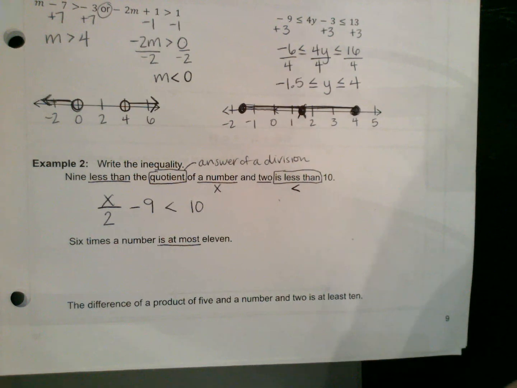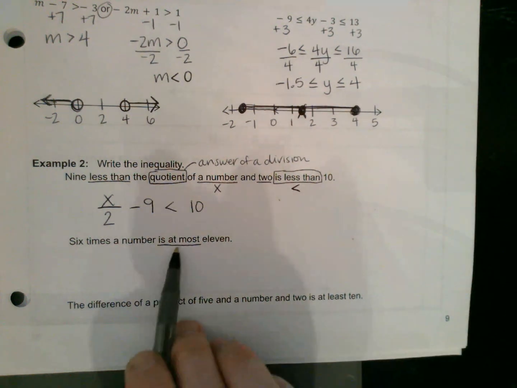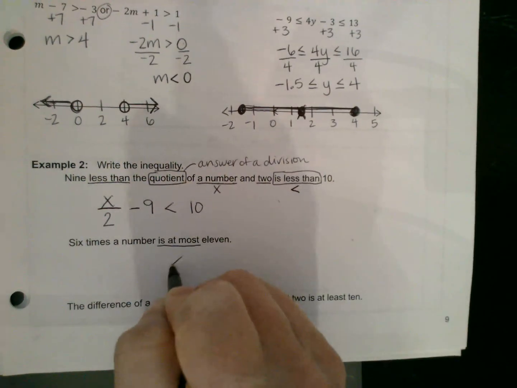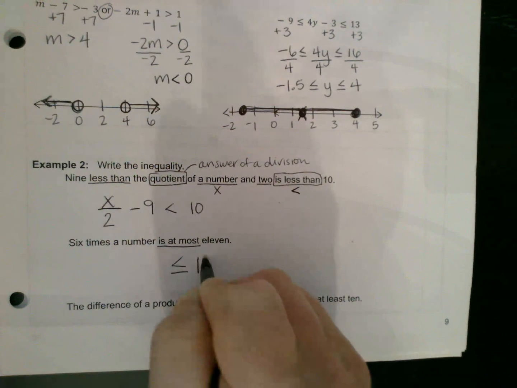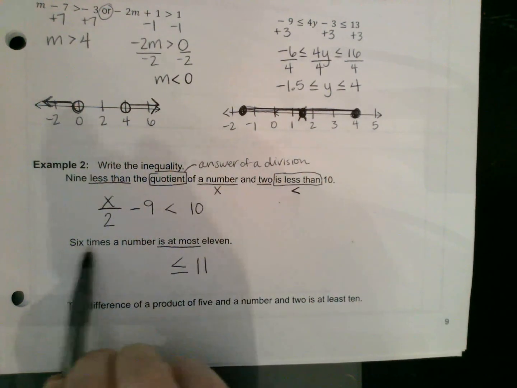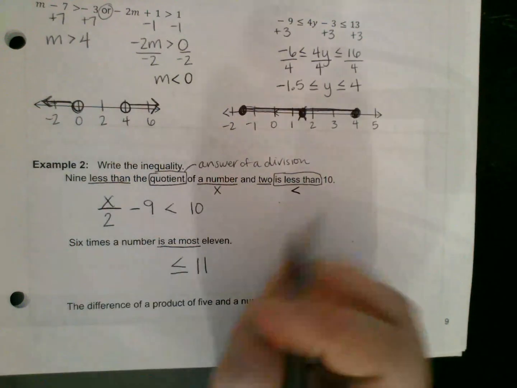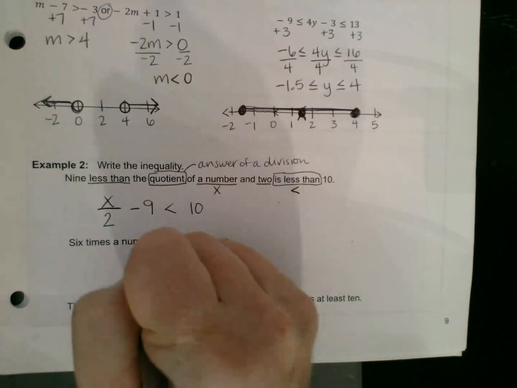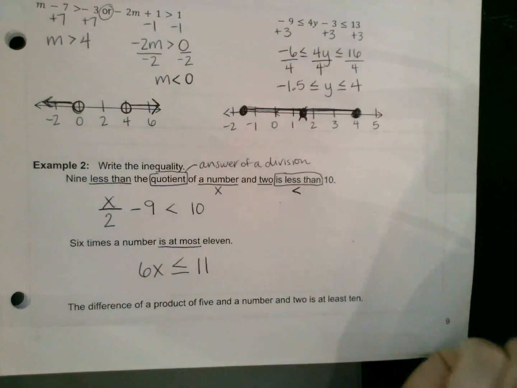But it could also be something smaller than 11. So what I'm hearing is that if it's at most 11, then that means that it's less than or equal to 11. And then this wording here, 6 times a number, just means 6 times x, or in other words, we write that as 6x.